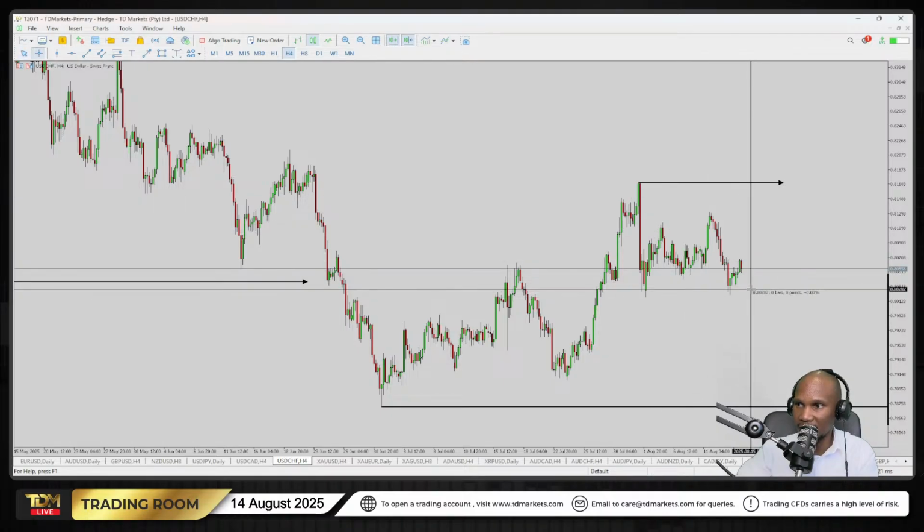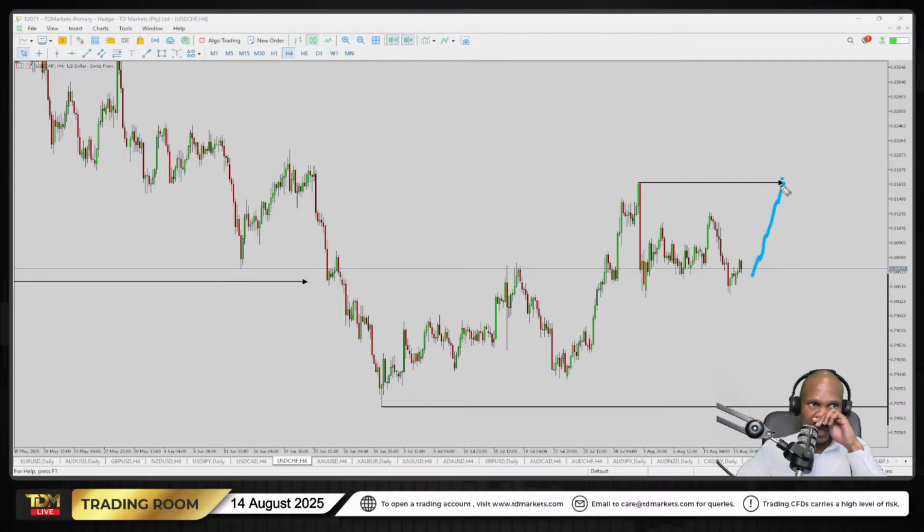But according to this, one more push up, and once price gets there, we'll come back and talk. Because from there, it could easily do this. But I think the focus for now is just one more push towards the upside. A pattern like this would normally do this first.